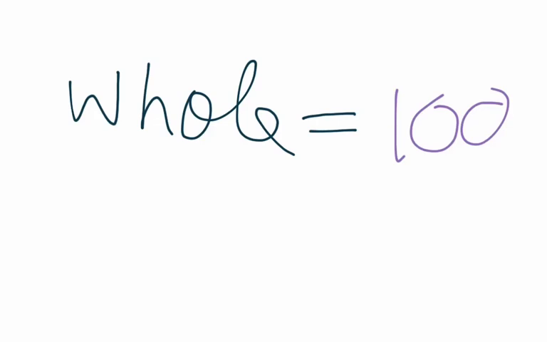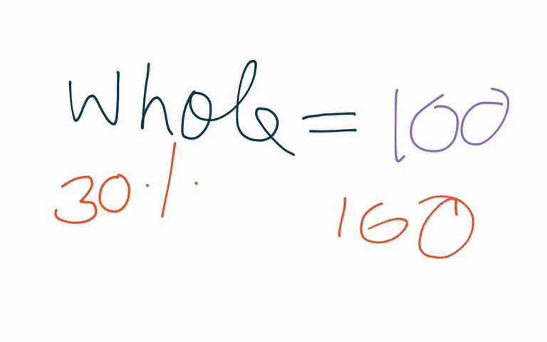Suppose 30% of a given number of students are boys. This means that if there were 100 students, 30 out of them would be boys. As we know it is 100%, so you can understand that, right?